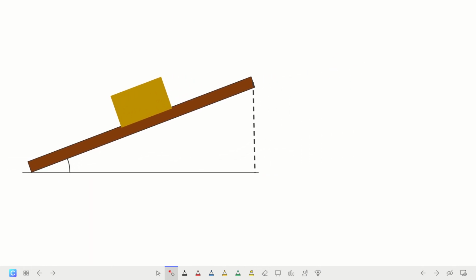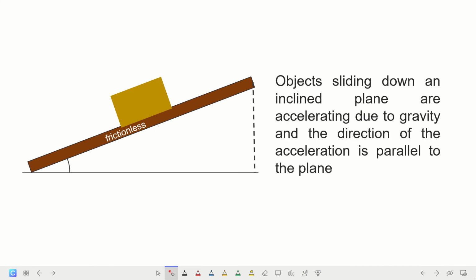Objects sliding down an inclined plane are accelerating due to gravity, and the direction of the acceleration is parallel to the plane. The force that causes this object to slide down the ramp is the force due to gravity.